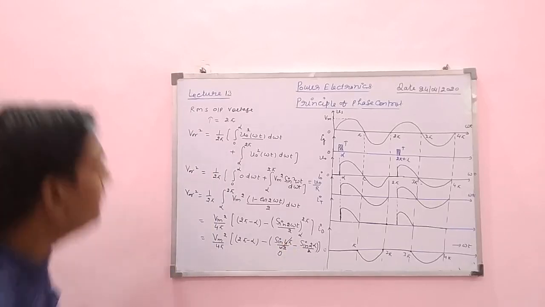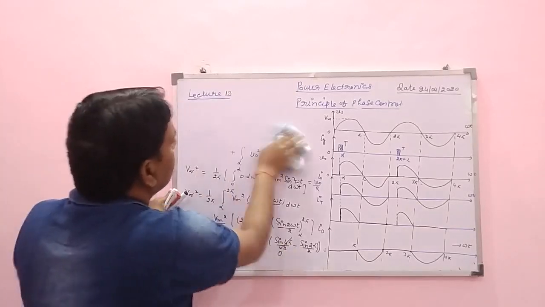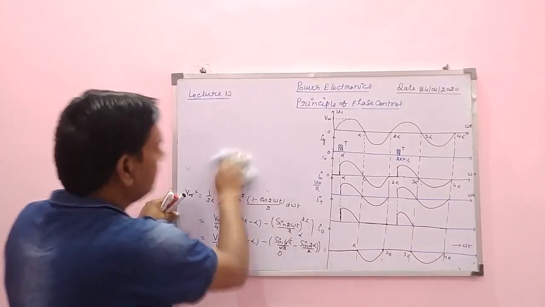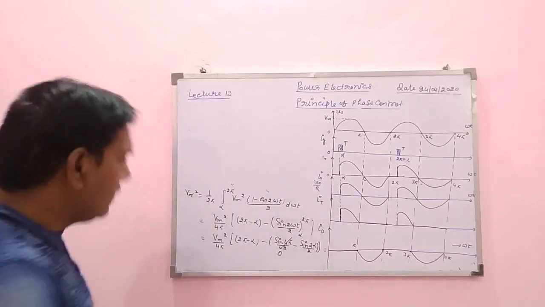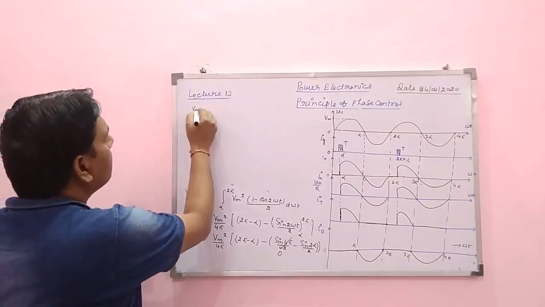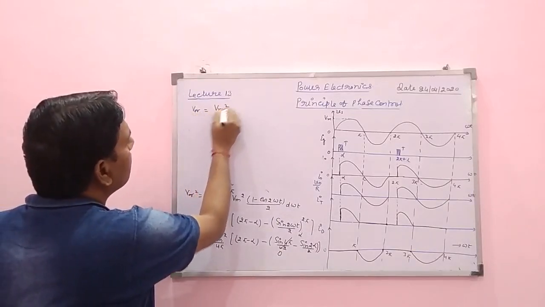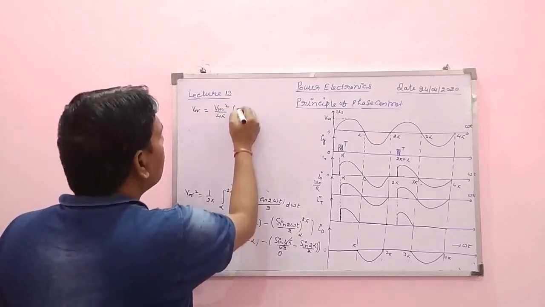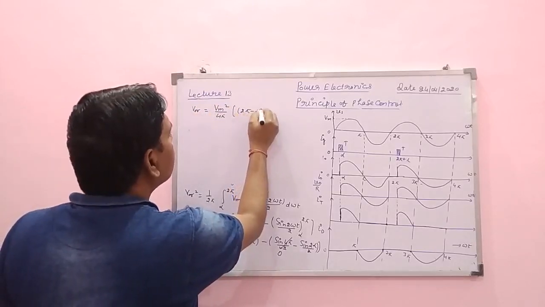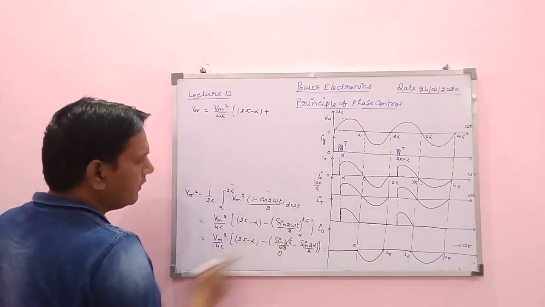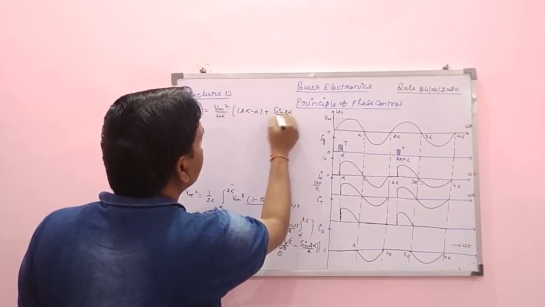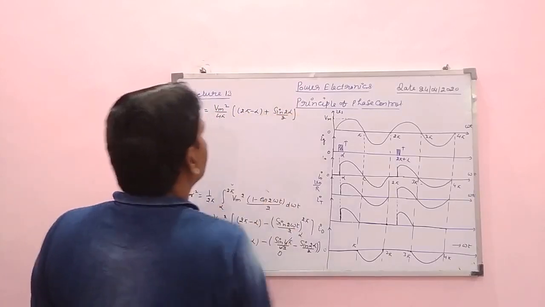So finally we will get the result V naught R square is equal to Vm square upon 4 pi into 2 pi minus alpha, and minus minus plus, this is plus sin 2 alpha divided by 2.